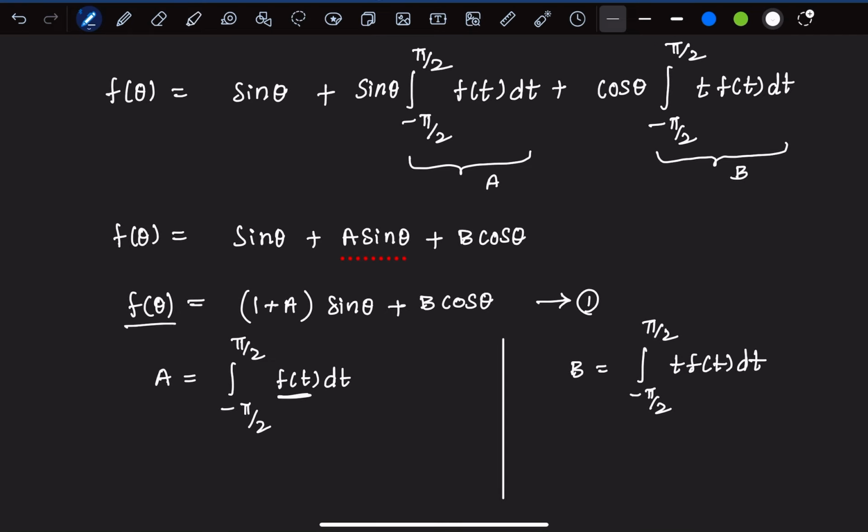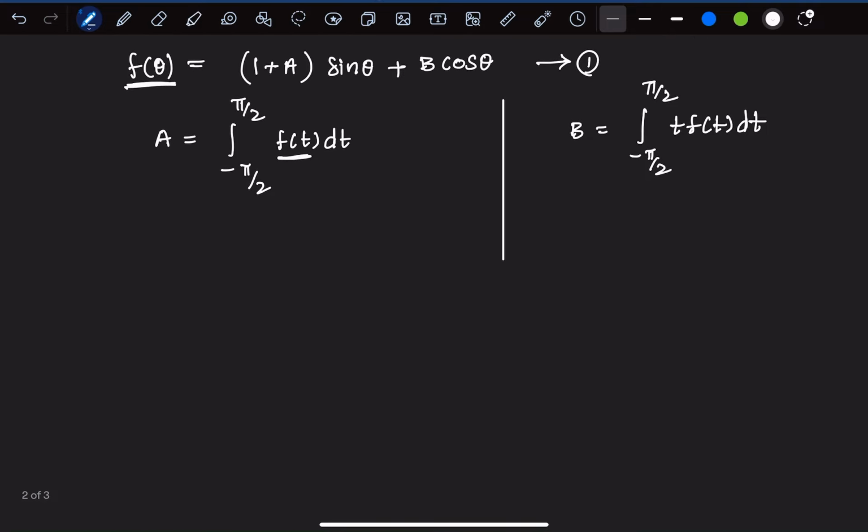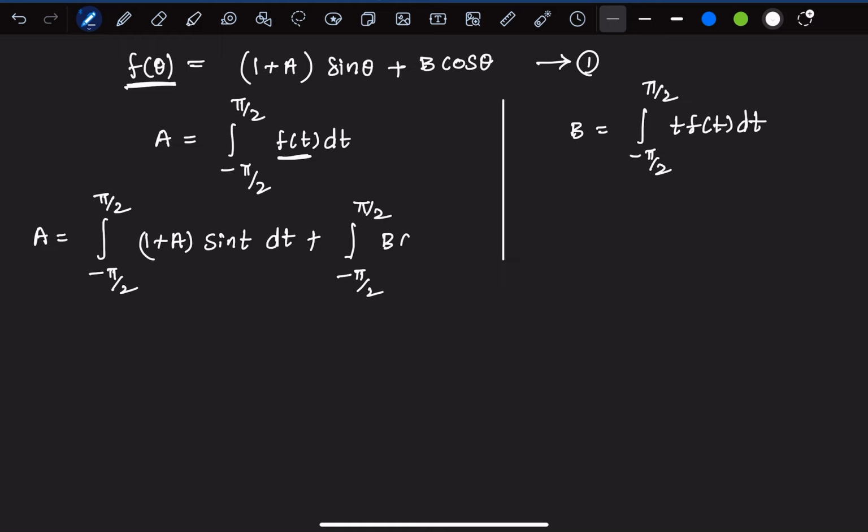So we have f of theta here. If we replace theta with t, we will get f of t. So a equals integral minus pi by 2 to pi by 2 1 plus a sine t dt plus integral minus pi by 2 to pi by 2 b times cos t dt.